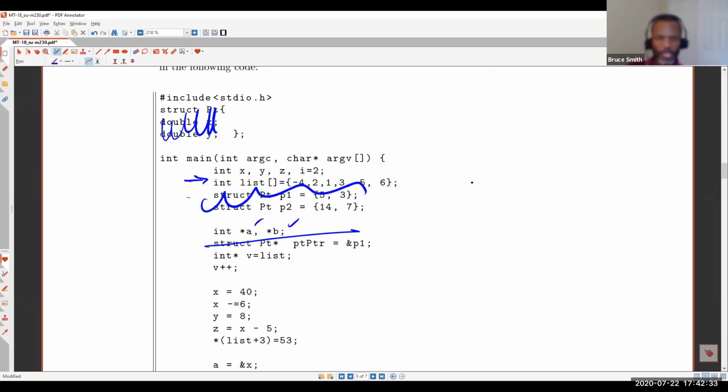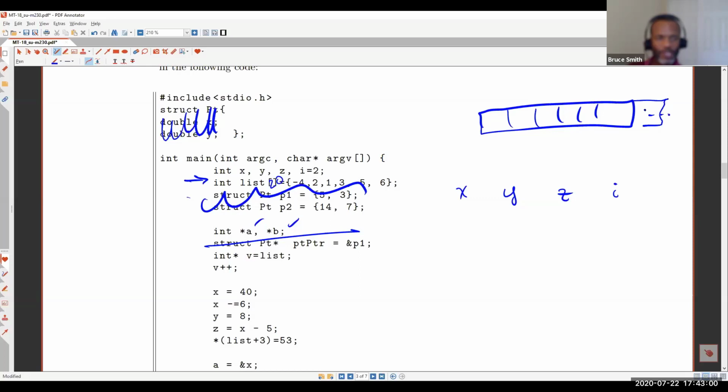What I typically do with this is ask you to do a trace. You have variables x, y, z. You also have a variable i, and then you have an array list. Notice that this list has exactly 6 elements, but if this had a 20 in here and you only initialized 6, everything else is set up with zeros.